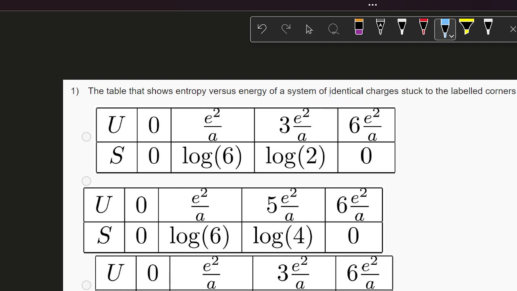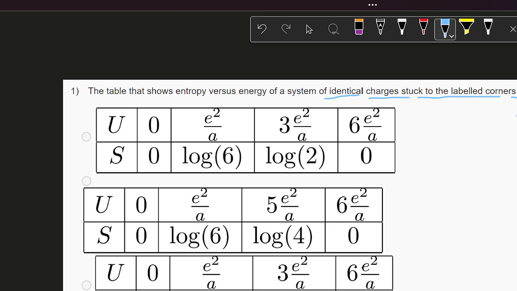The idea is that you have a system of identical charges that are stuck to the labeled corners of a tetrahedron. So as if you have a tetrahedron shape, and you know that a tetrahedron has 4 corners, right? So you label those 4 corners by 1 2 3 4 in a specific pattern, and in each corner there is a charge sitting.